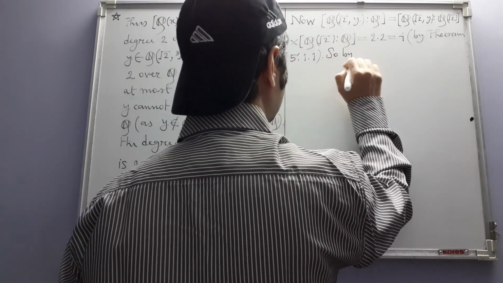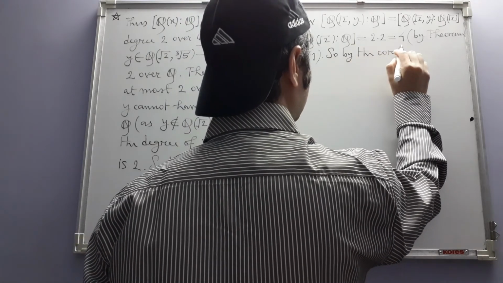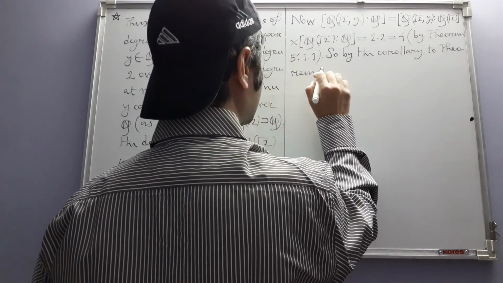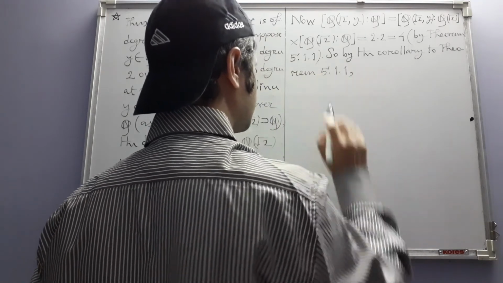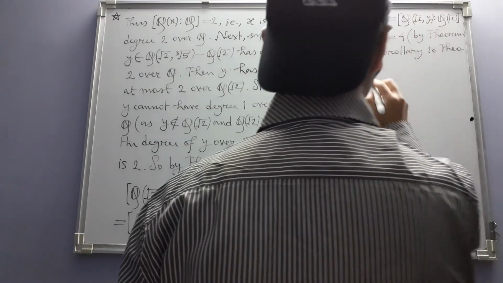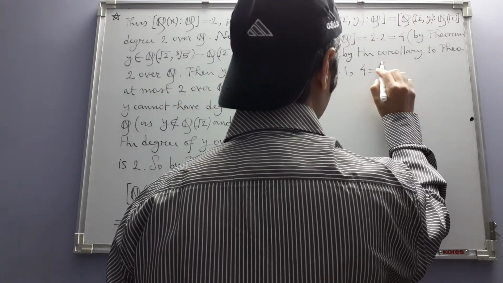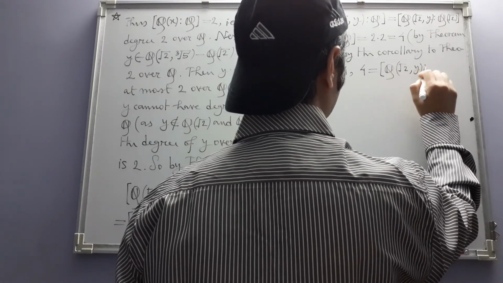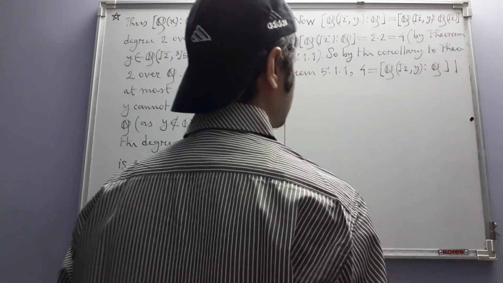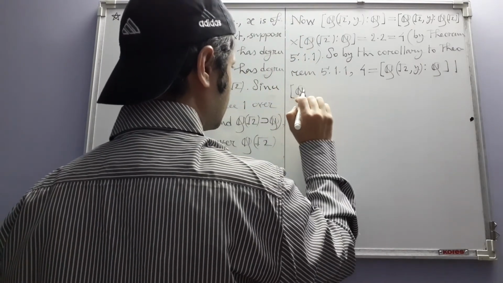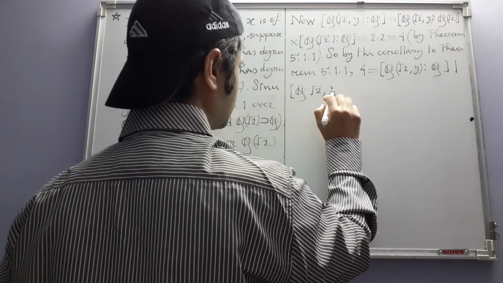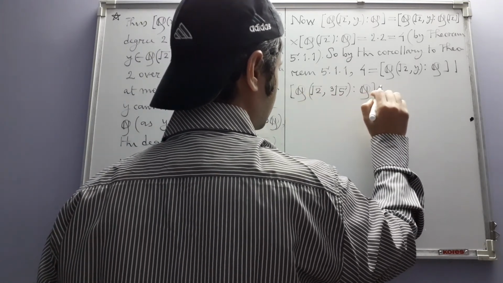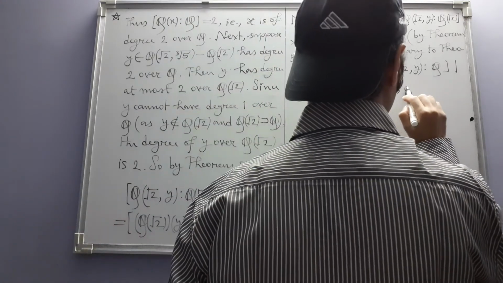So by the corollary to theorem 511, 4 must divide this, which must divide 6. Now we have got a contradiction.